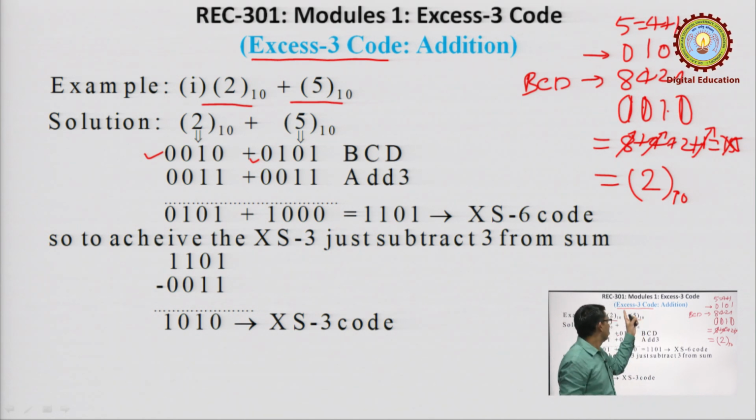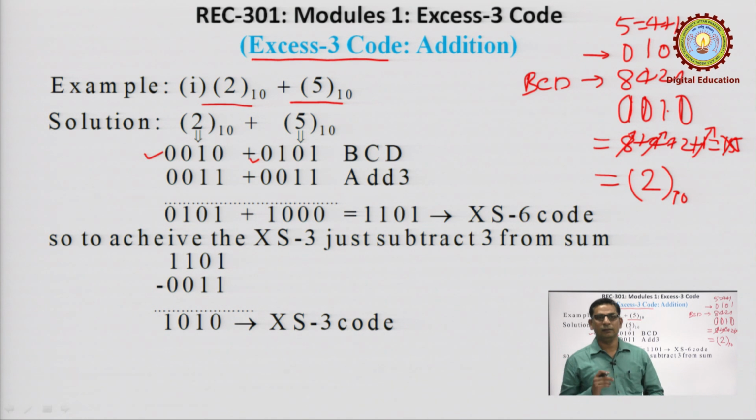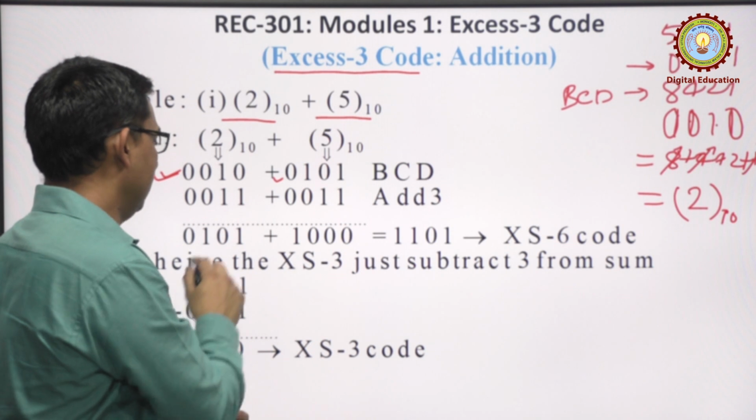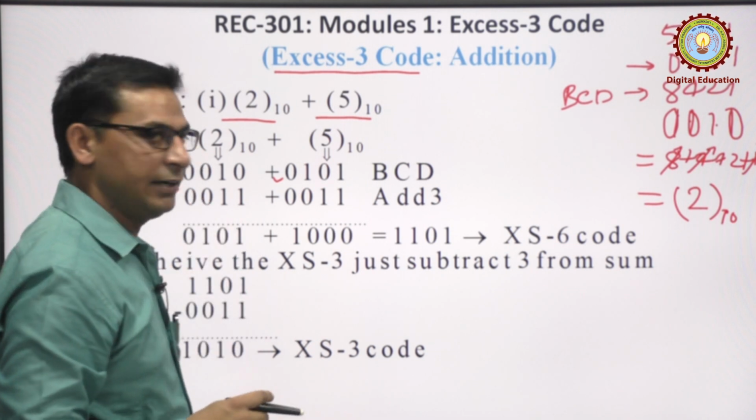As per the question, we want to add the numbers 2 and 5 using Excess-3 code. So, now we have to convert both the numbers into Excess-3 code. To convert a number from BCD to Excess-3 code, we have to add the binary equivalent of 3 to both the numbers separately. For example, to convert 2 into Excess-3 code, this is the BCD code and this is the binary equivalent of 3.